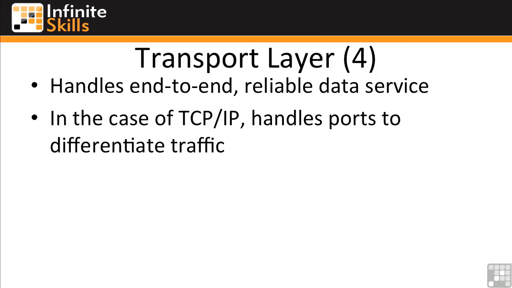So every application is going to have a port that it needs to communicate either with or on as it's sending messages. So that's how we handle different communication streams across the same wire. We have these layer 4 protocols that have different ports. So TCP and UDP, both examples of transport layer protocols.